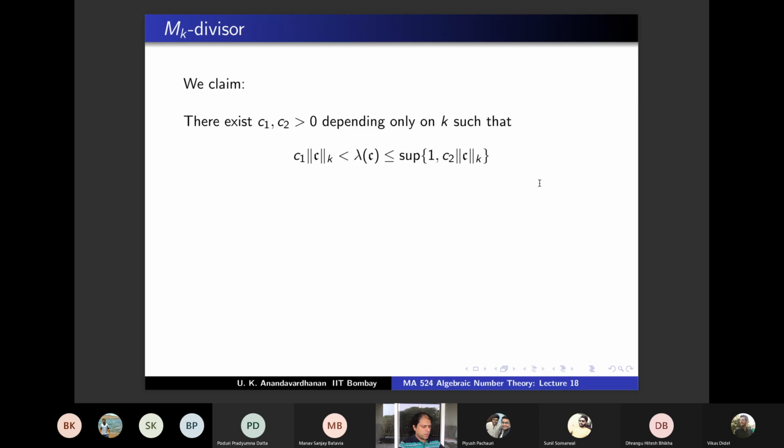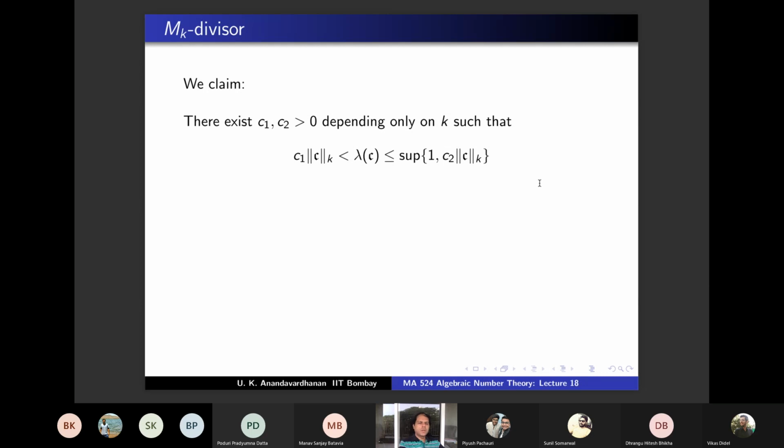So the number of field elements inside is bigger than the volume up to one constant and less than the volume up to the other constant. This is the claim, and this is useful in proving the unit theorem.